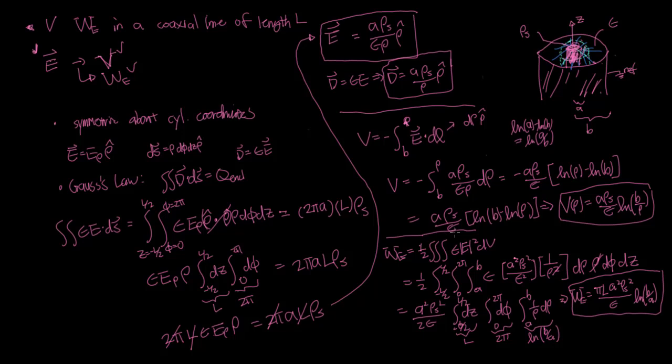And then the total energy stored is simply 1/2 epsilon E squared applied to a volume integral that covers the entire volume in question. So going from A to B in radius, 0 to 2 pi in phi, and then in the z direction for unit length L. And once you sort through that integral, you come up with this expression here, which is something that you can see in textbooks.